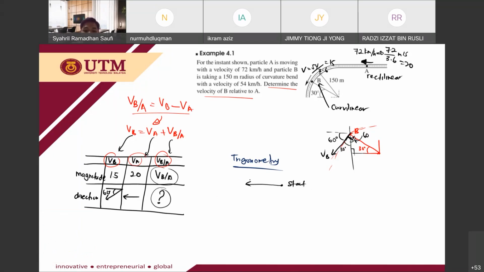Start point VA to the left, which is 20, and then I don't know what would be the direction. So from the start to the end should be VB. So I know VB is 15.